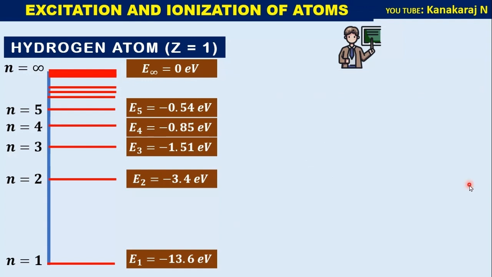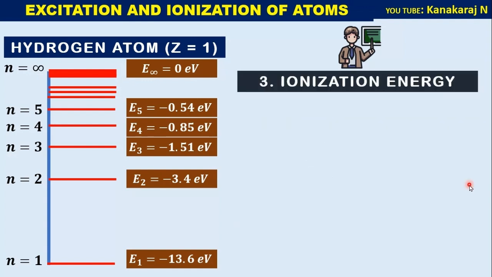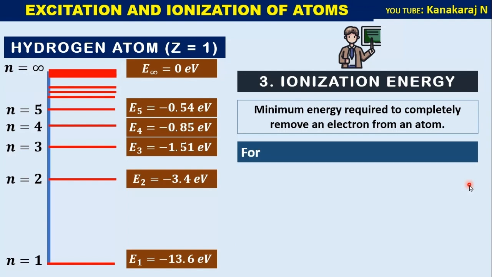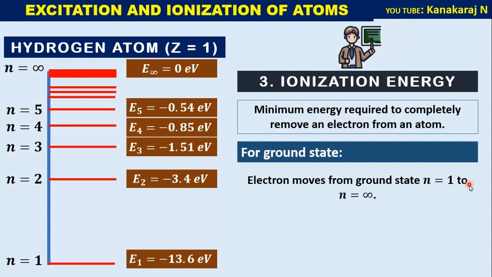Let us learn the next: ionization energy. It is the minimum energy required to completely remove an electron from an orbit. For the ground state, the electron moves from n equals 1 to n equals infinity. So, E ionization equals E infinity minus E1.